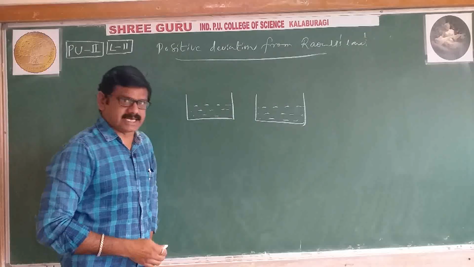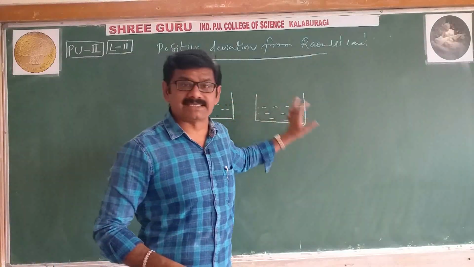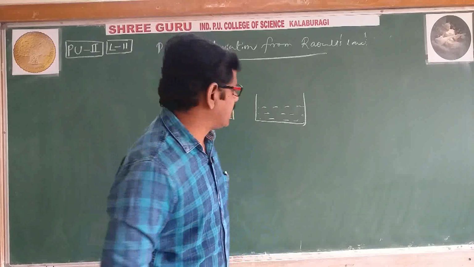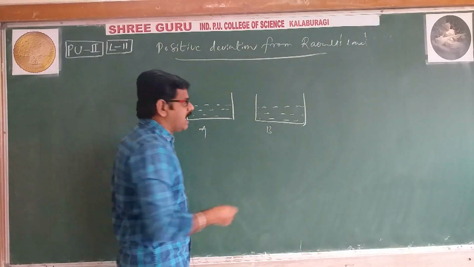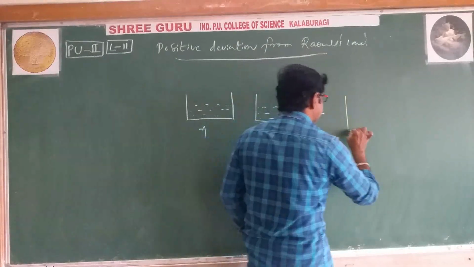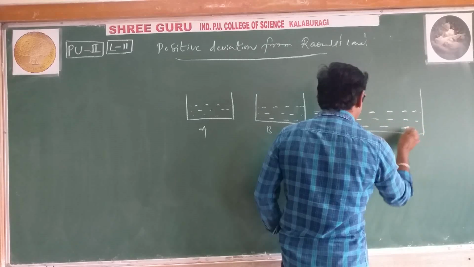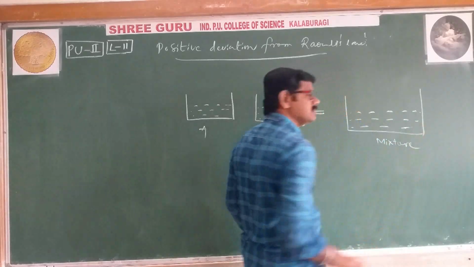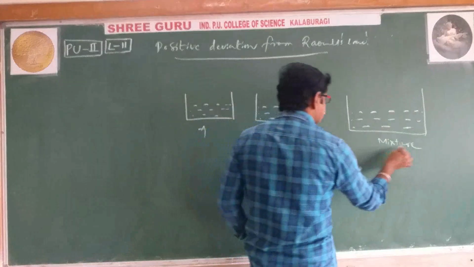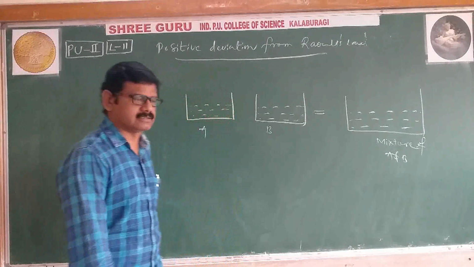In our NCERT book, these components are indicated as A and B. Both components are mixed in one container. It is a mixture of A and B. Let's see what happens.